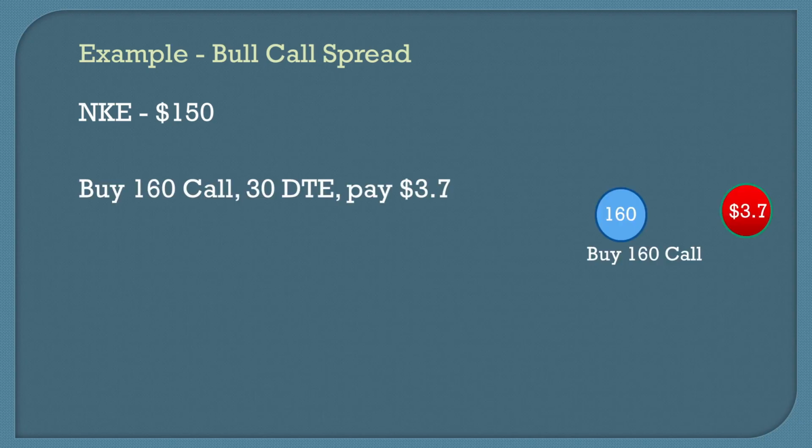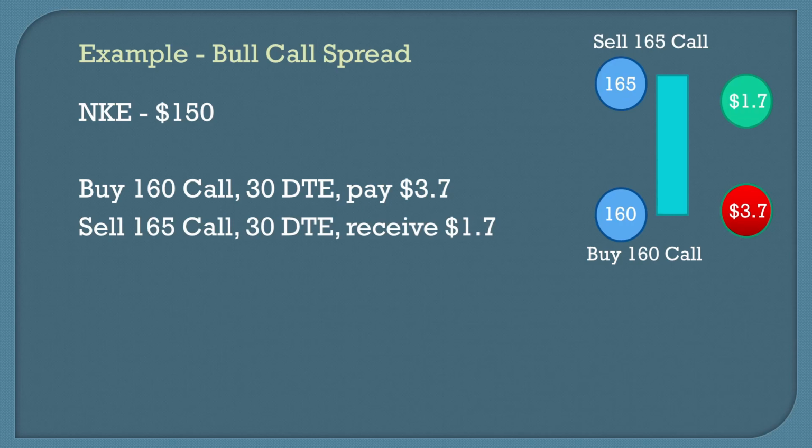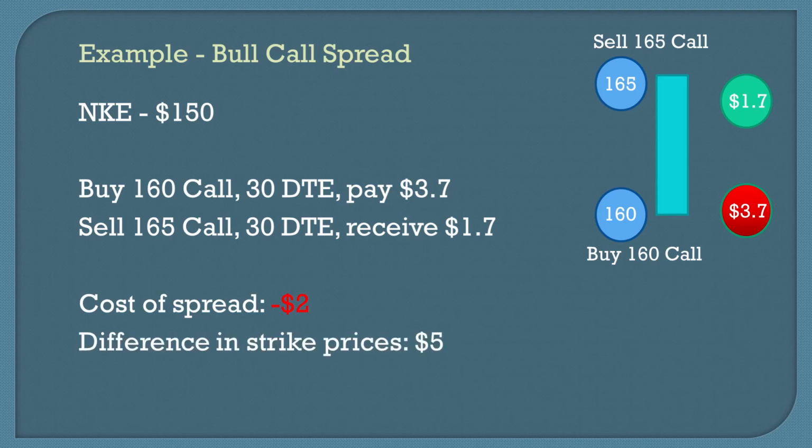We buy the 160 call for $3.70 and sell the 165 call for $1.70. Both options have the same expiration date. As the 160 call is closest to the current stock price, it is going to cost more. After buying and selling both options, it costs us $2 in the end to open this spread. Take note that the difference in the strike prices for both options is $5.